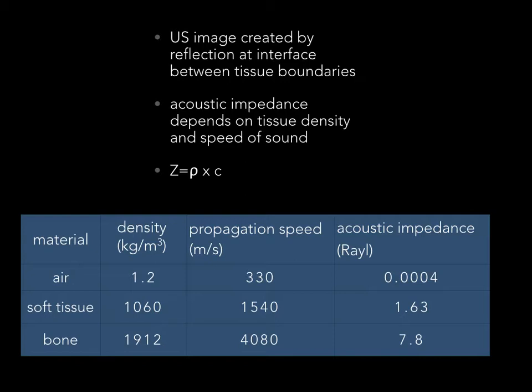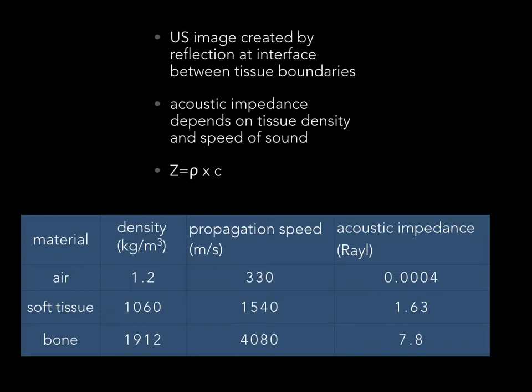Acoustic impedance is dependent upon tissue density, shown here as ρ, and speed of sound through that medium, c. The table demonstrates different media with different acoustic impedances. Bone is very dense with very high speed of sound.